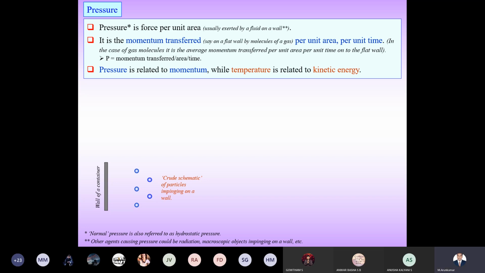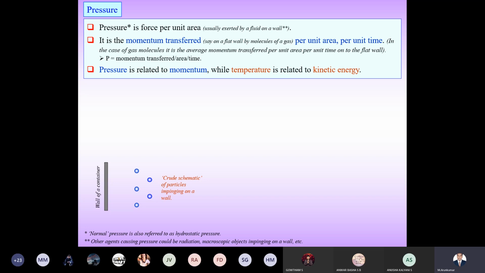Normal pressure is also referred to as hydrostatic pressure. Other agents causing pressure could be macroscopic objects impinging on a wall. So how does pressure get involved?